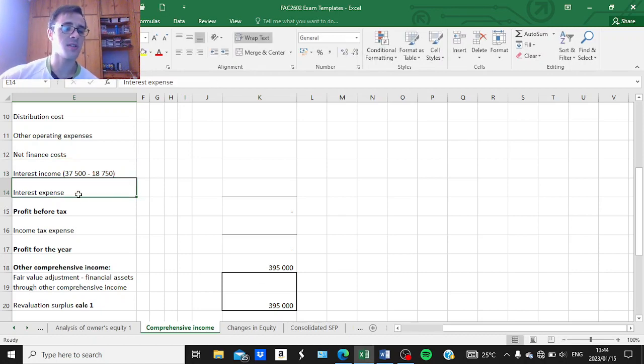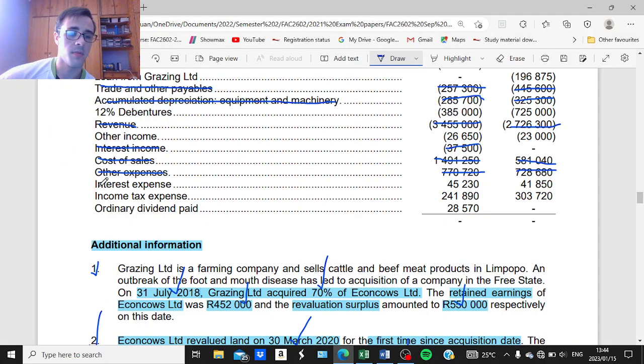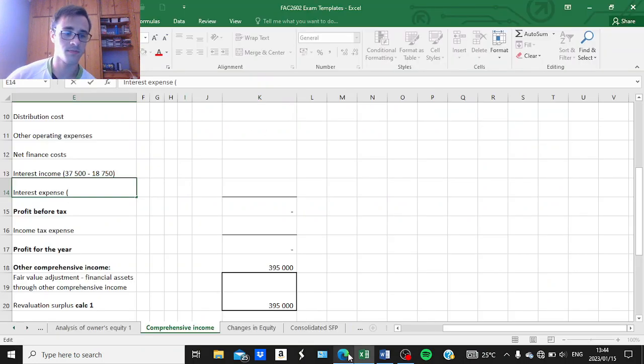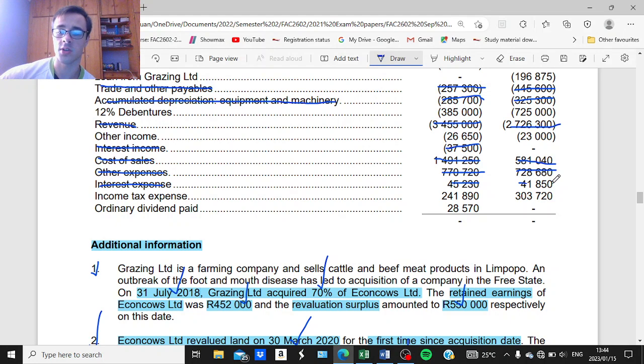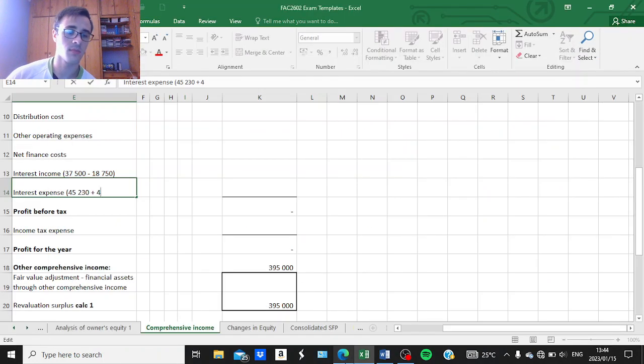And then interest expense: the amount for the parent is 45,230 plus the amount for the subsidiary, 41,850, and then we need to credit interest expense for the subsidiary, so we will show this as a negative adjustment as well.